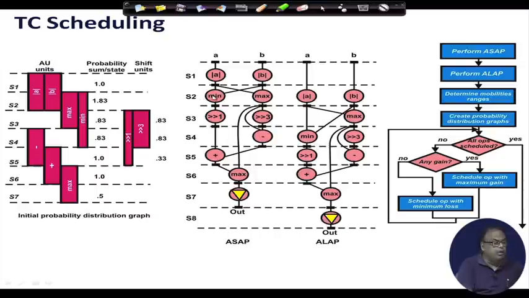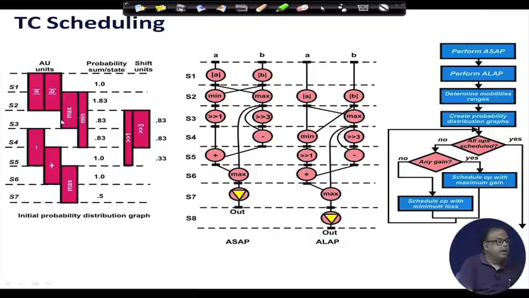Min can be scheduled according to ASAP here, and according to ALAP either here or here. So, min has got this range. So, min is contributing about 0.33 probability to all these steps. Therefore, at this step S2 my cumulative probability is 1.83. It is no longer a probability in that sense, 1.83 is a value.